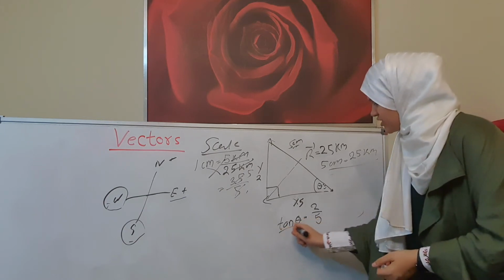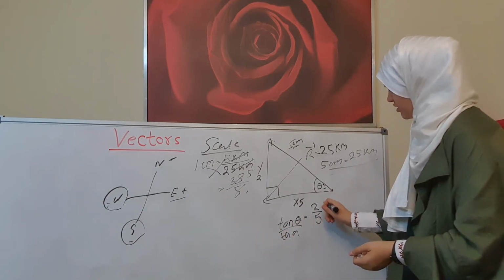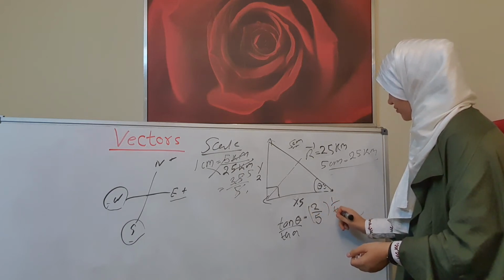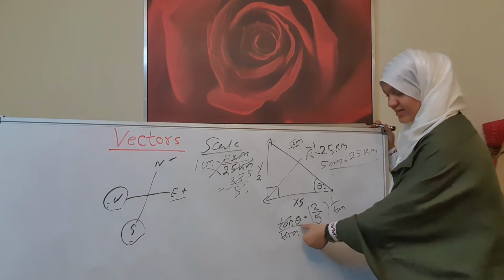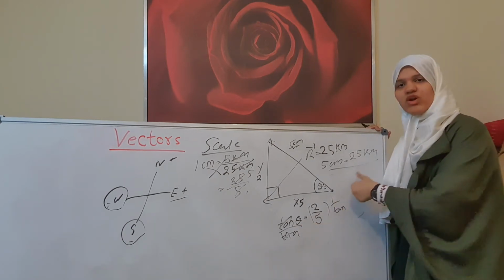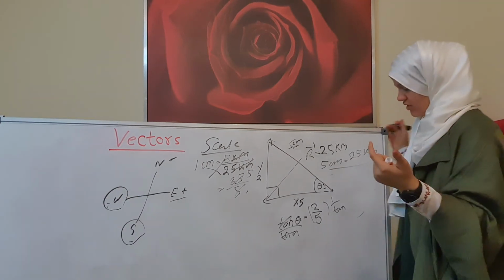Now we divide by tan, and here also divide by tan, but we make it 1 over tan. Now we cancel tan by tan, and we have theta alone here, but in place of 1 over tan, we make it tan to the power of -1. We can do it like that.